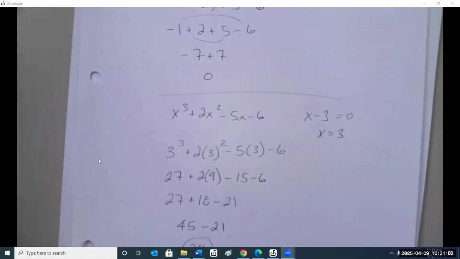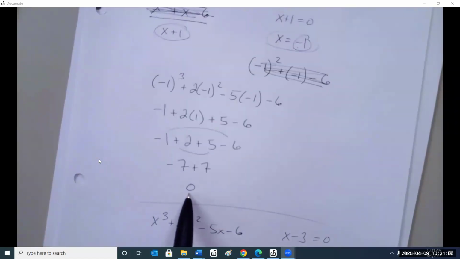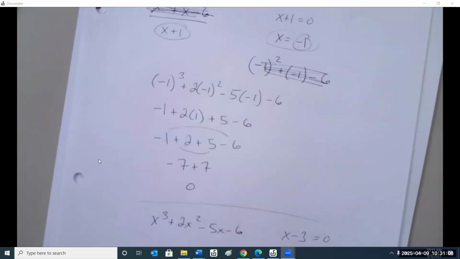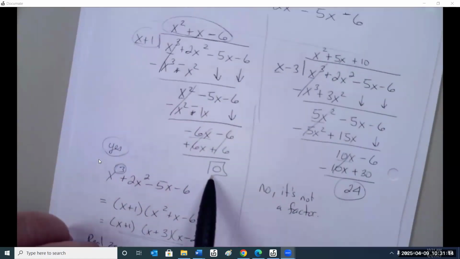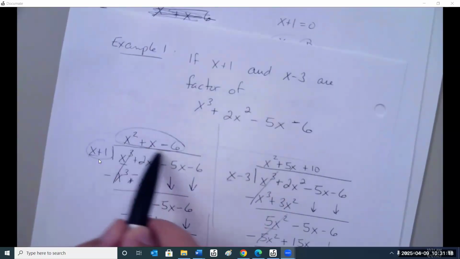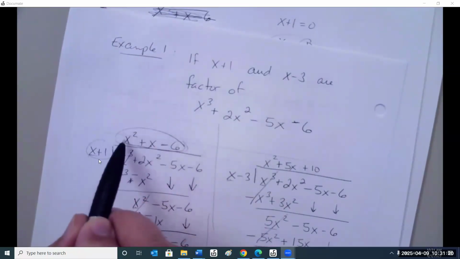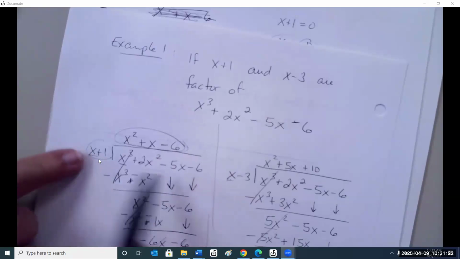You need the long division because here, even though it's 0, it doesn't tell us what the other equation is. We knew that here, once it equals 0, I have to work with this now. I'm done with this big one. I know that's a factor.